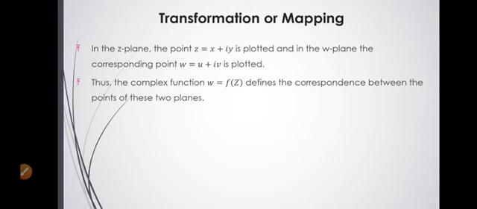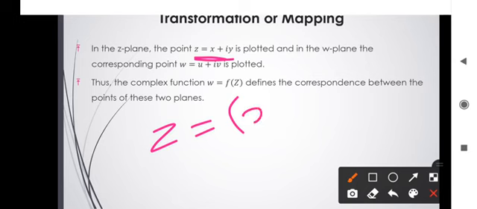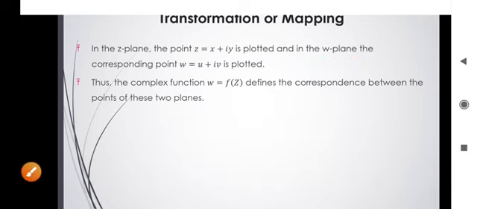So for plotting w equal to f of z, we require two planes. The first is the z plane, in which the point z equal to x plus iy, with coordinate pair x, y, is plotted, and in the w plane the point w equal to u, v is plotted.